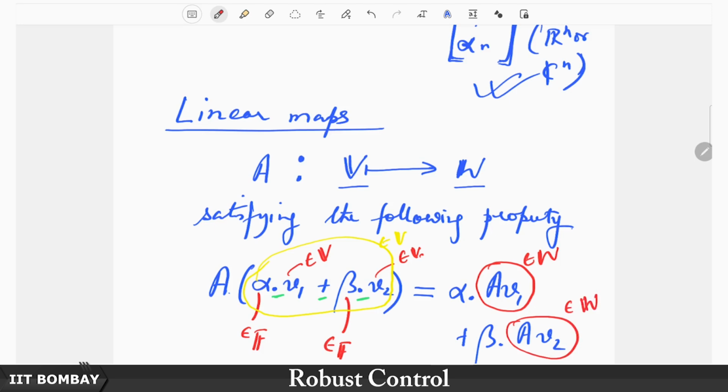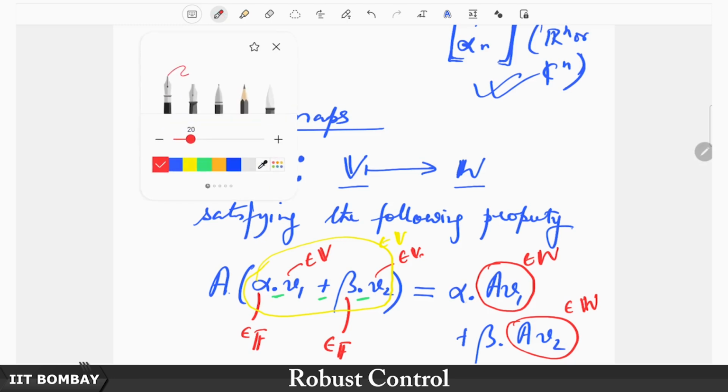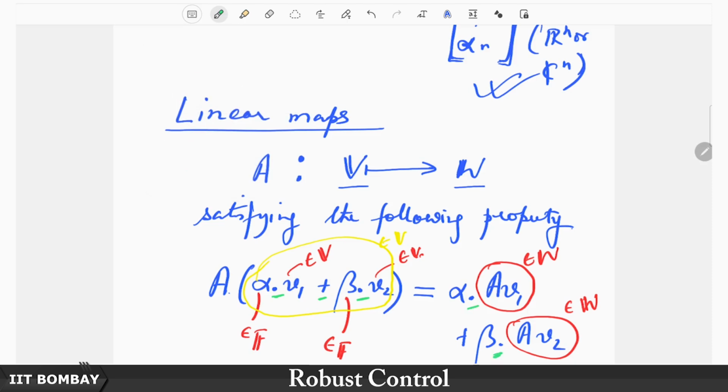So, now you have A V1 belonging to W, A V2 belonging to W. So, what is this scalar multiplication then? This scalar multiplication is as per the rules in the vector space W. So, this is the operation as defined by the vector space W.